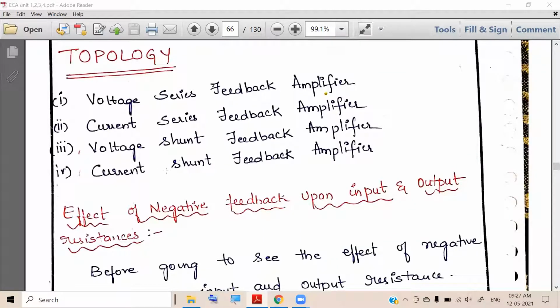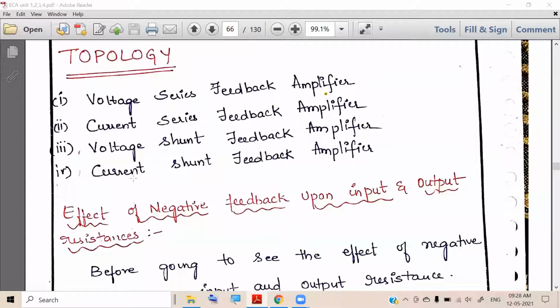Fourth one, the current shunt feedback amplifier. The output is current and it is mixed in shunt at the input side. So the output we represent in terms of current, and shunt mixing is again current mixing.